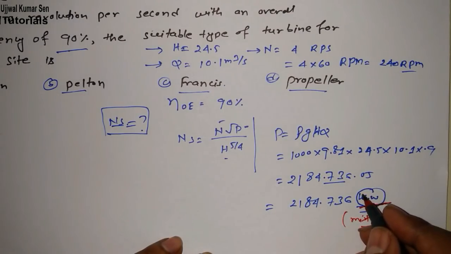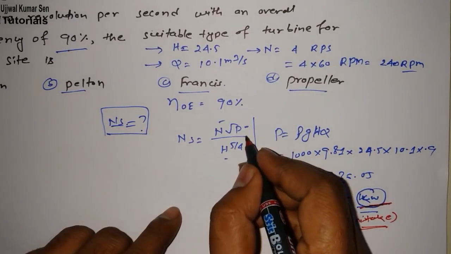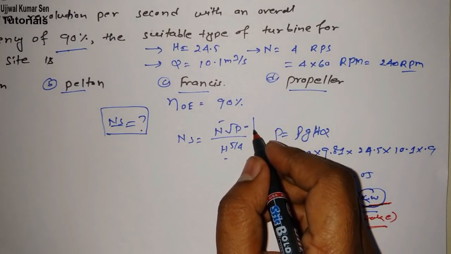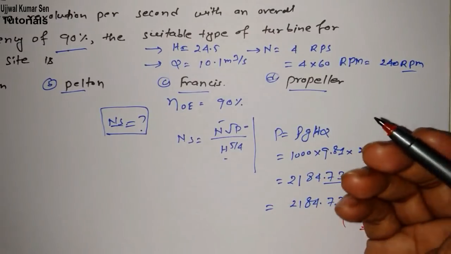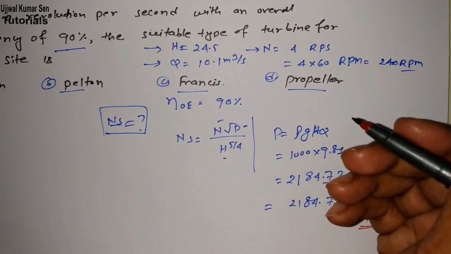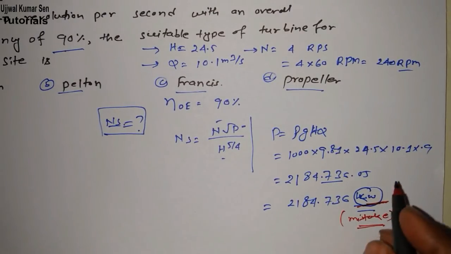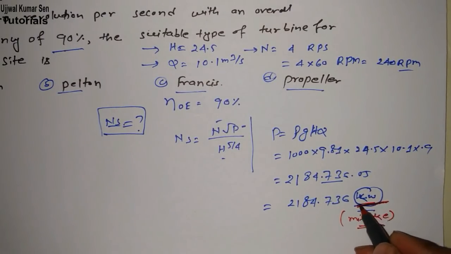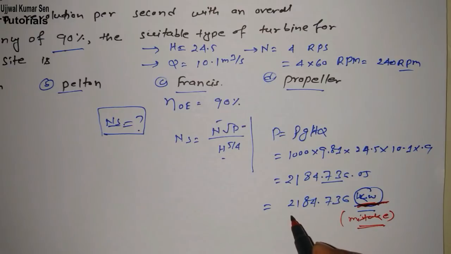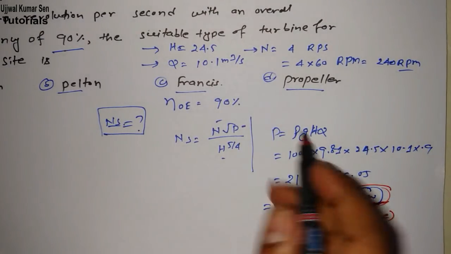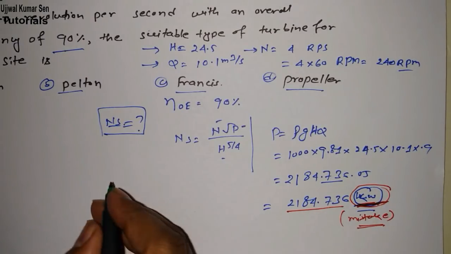You should not change this. Kilo should not be written here as multiplied by 10 to the power 3. If you do that, then you will not get the answer, because that is not required, right? So what is basically required here, this should be kept in kilowatt. That means I will write this value only, I will not take this kilo into consideration. Okay, let's write first, then you will understand.